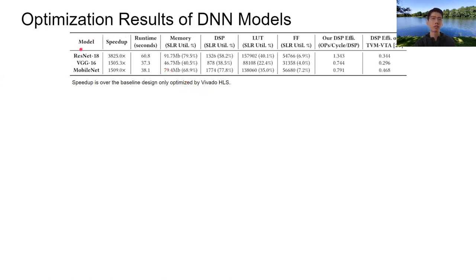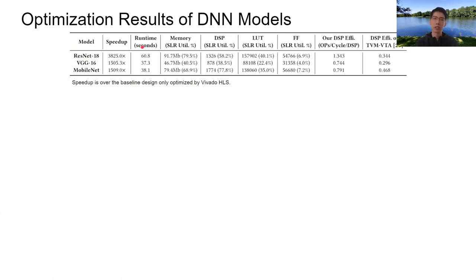And you can observe for those very complicated models, like ResNet-18, there are tens of loop nests in the model, and very complicated dependencies between the DNN layers.